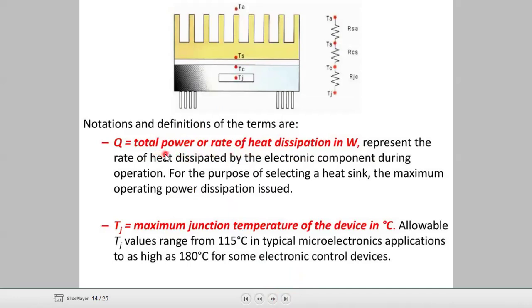Q equals total power or rate of heat dissipation in W, representing the rate of heat dissipation by the electronic component during operation. For the purpose of heat sink selection, the maximum operating power dissipation is used.